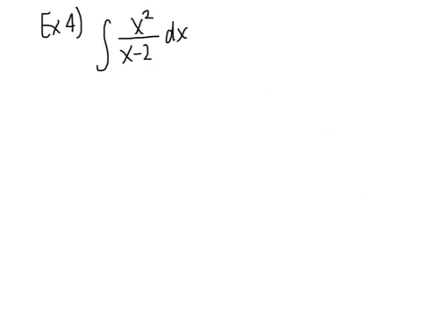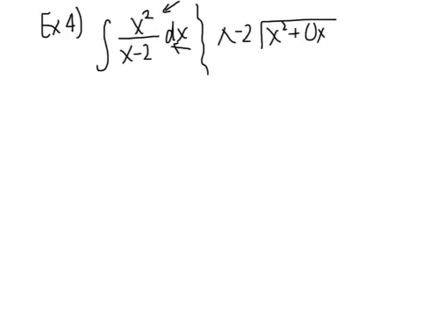Very similar problem in example 4. Again, my numerator has a higher degree than my denominator, so I can do long division. So I'm going to get x here. Subtract the whole thing.